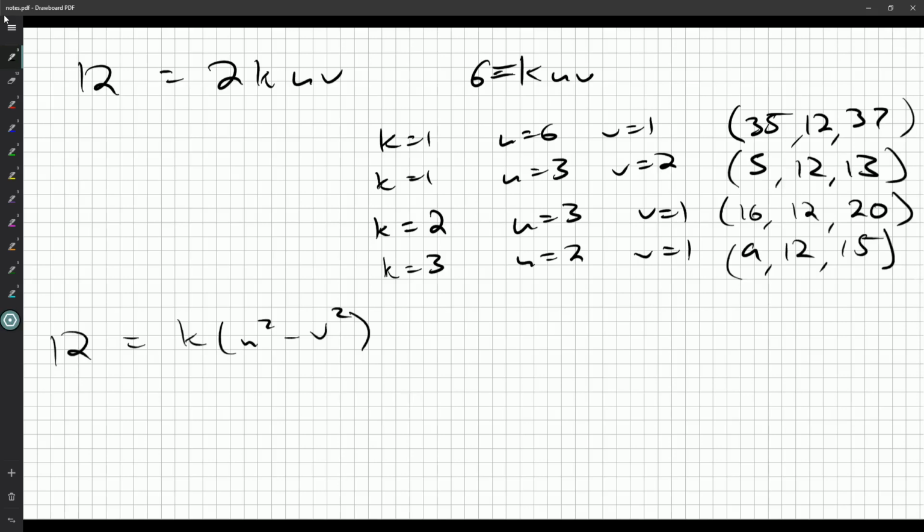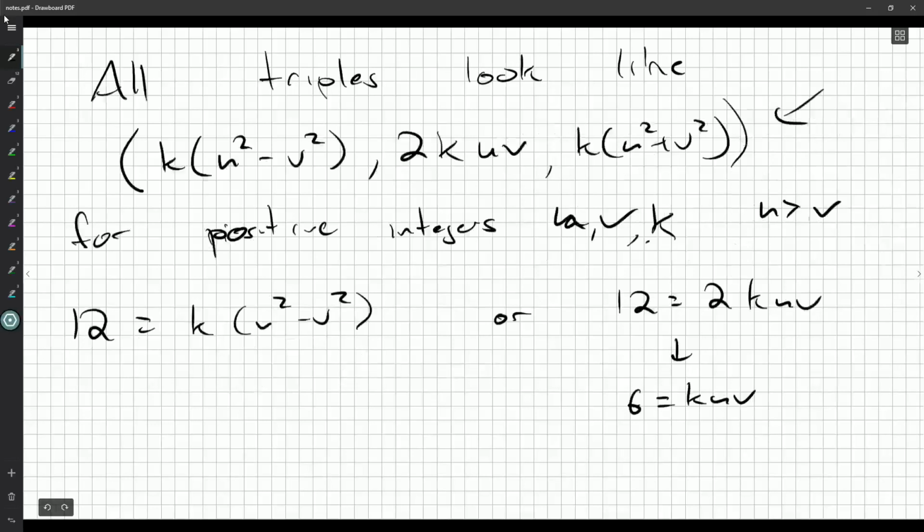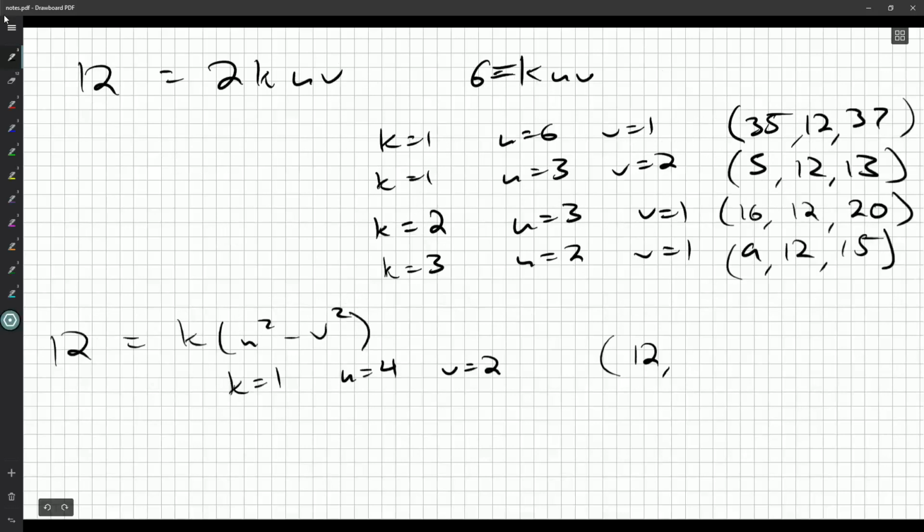Now, 12 is the difference between a few squares. So we could have k is 1, u is 4, v is 2. That would certainly do the trick. What would that turn out to be? 12, 16, and 20.